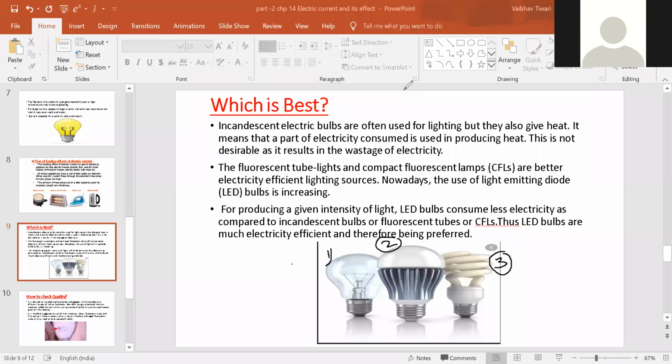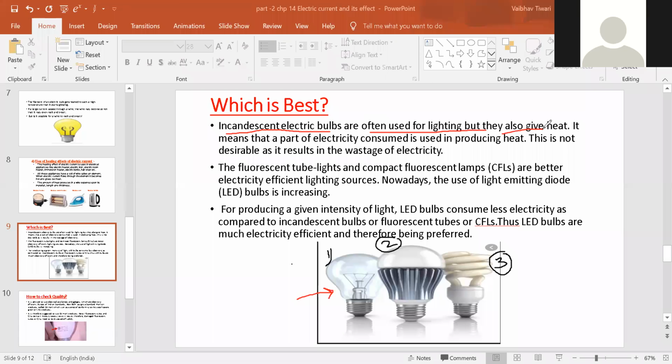It is given that the incandescent electric bulbs, it means this one is the incandescent electric bulb, are often used for lighting, but they also give heat, right? We know that they are giving us heat. Along with light they also give us heat.